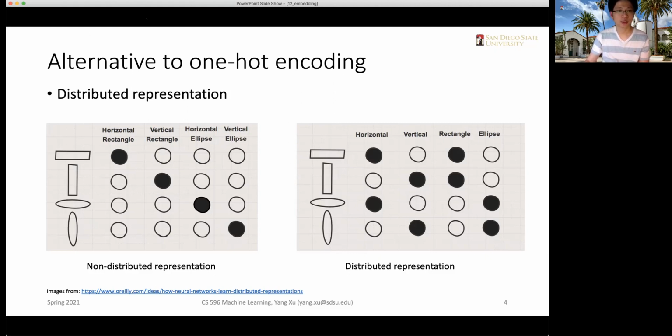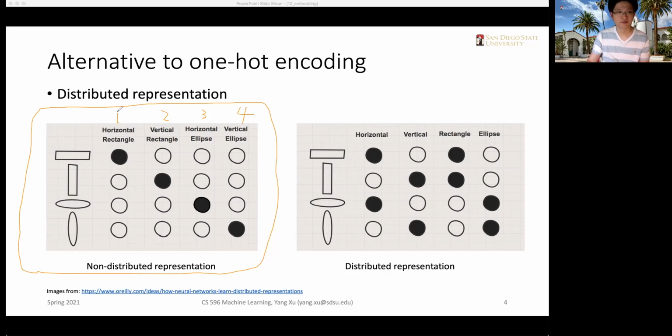If you look at the left part, this is an example of a one-hot representation. The first column, second column, third column, fourth column are features, but those are very specific features.